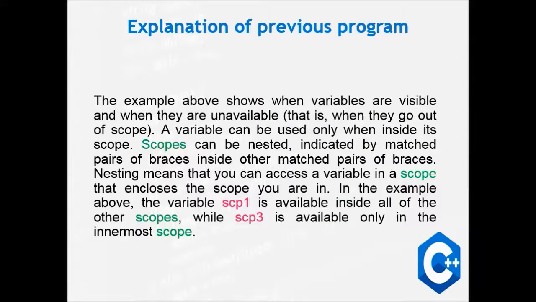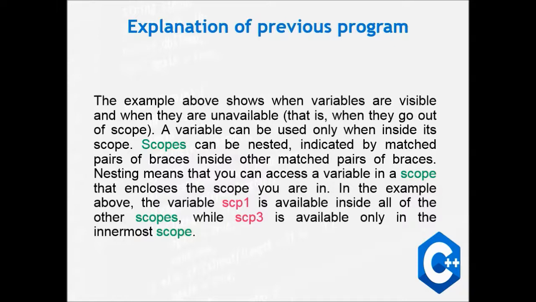Our previous example shows us when variables are visible and when they are unavailable. A variable can be used only when inside its scope. Scopes can be nested, indicated by matched pairs of braces inside other matched pairs of braces.